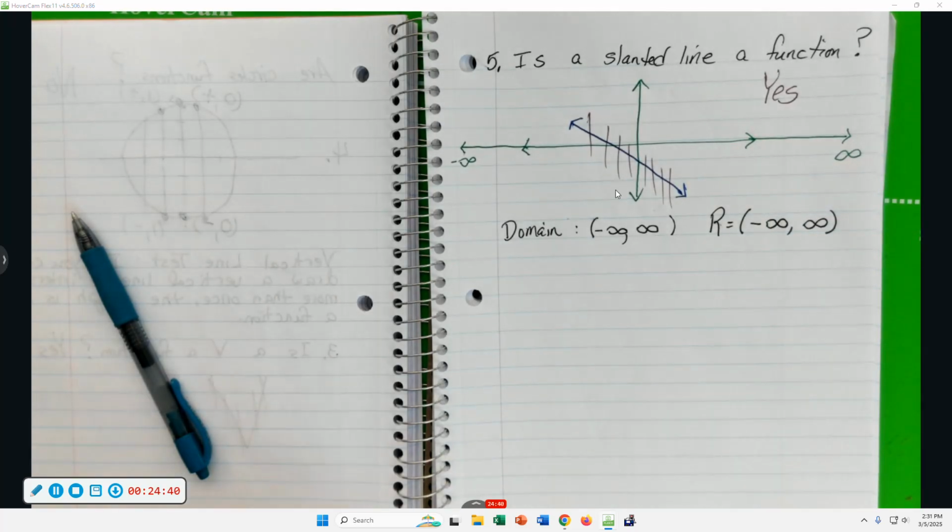So for any slanted line, the domain is negative infinity to infinity. The range is negative infinity to infinity. Is there a point on this slanted line that has an x value of 50 million? If it keeps going and going forever, here's 50 million. Yeah, there's a point down there with an x value of 50 million.